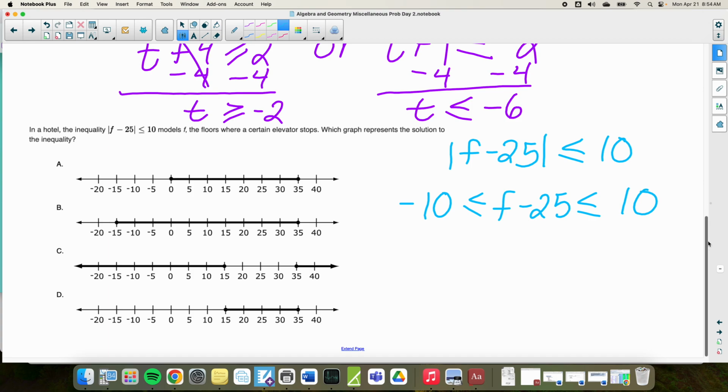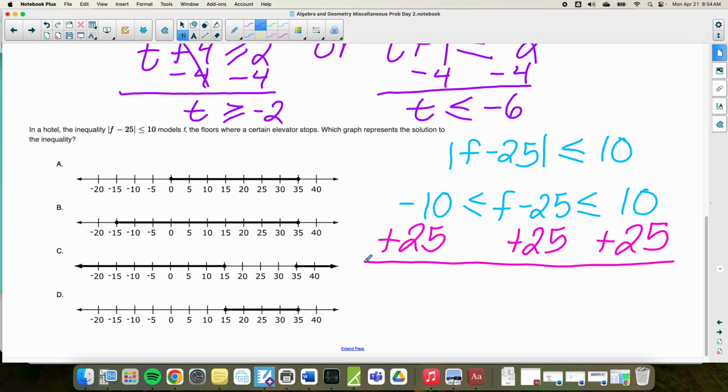Okay? Now when you go to solve that, you solve it like you're solving an equation. So if this is minus 25, you would add 25, but this has 3 parts. So you add 25 there, you add 25 here, and you add 25 here. Okay? This is gone. In the middle, you only want a variable, which we have now.